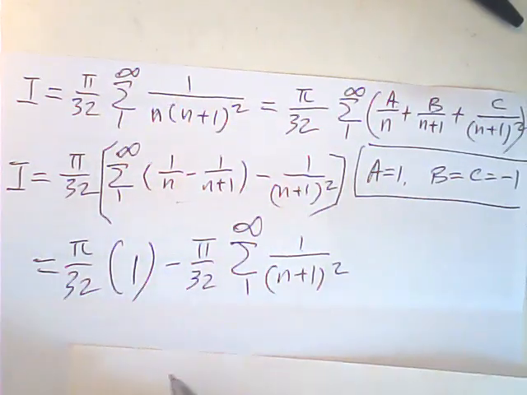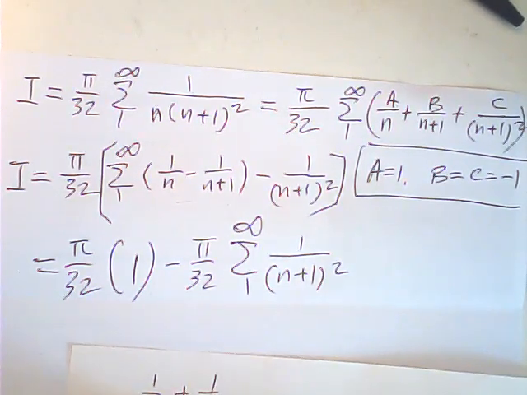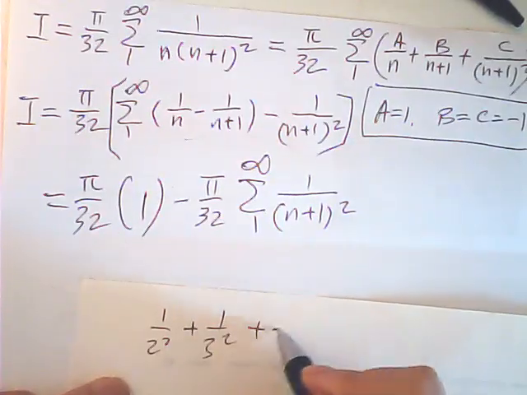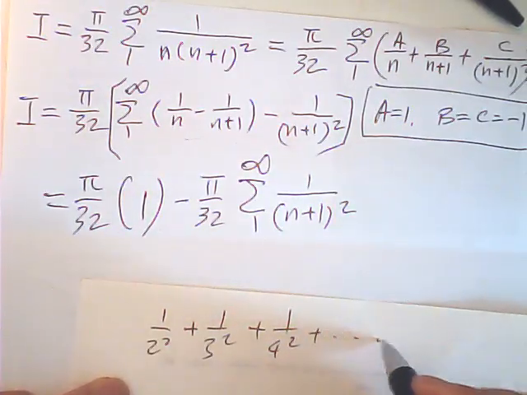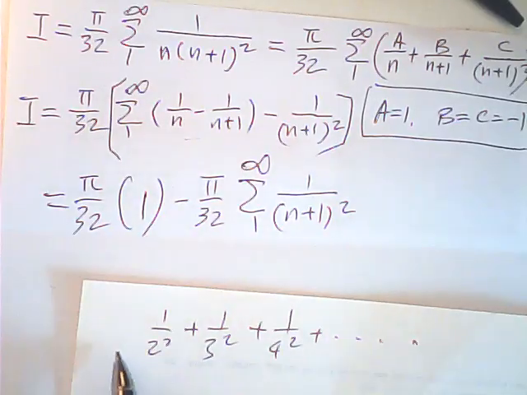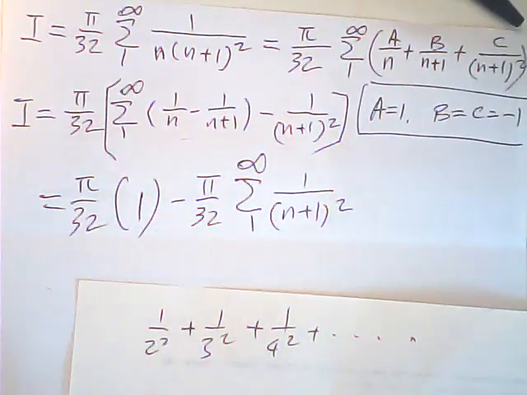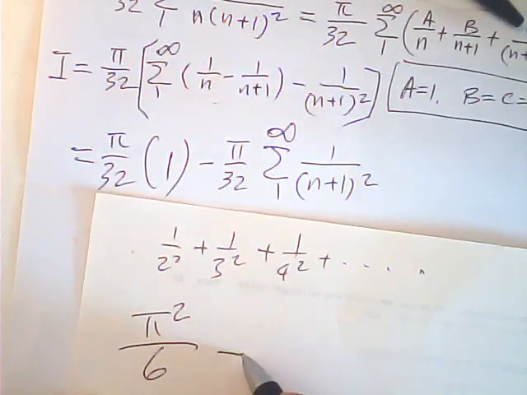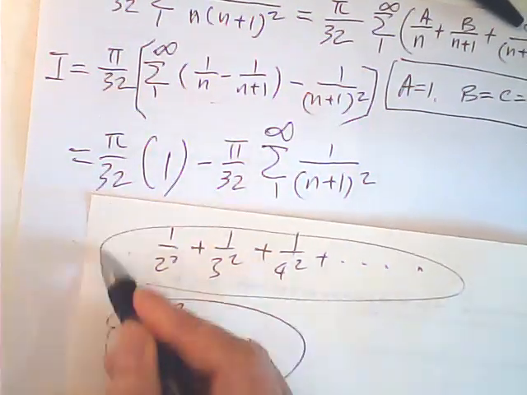This series is 1 over 2 squared plus 1 over 3 squared plus 1 over 4 squared, and so on. Right? So this is almost a puzzle problem, right? The missing one. So it's the Basel problem, pi squared over 6. Missing 1, right? Minus 1 will be equal to this.